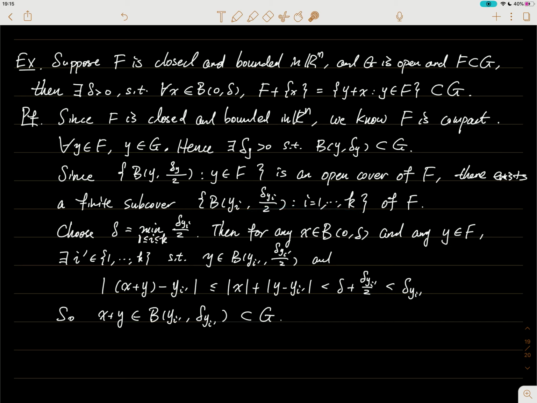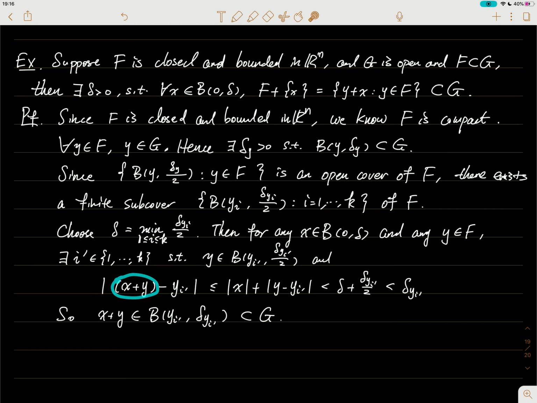Let's say it is covered by the ball at y_i', with i' from 1 to k, with the corresponding radius. So y being in this ball means that the distance between y and y_i' is less than half of delta_{y_i'}.